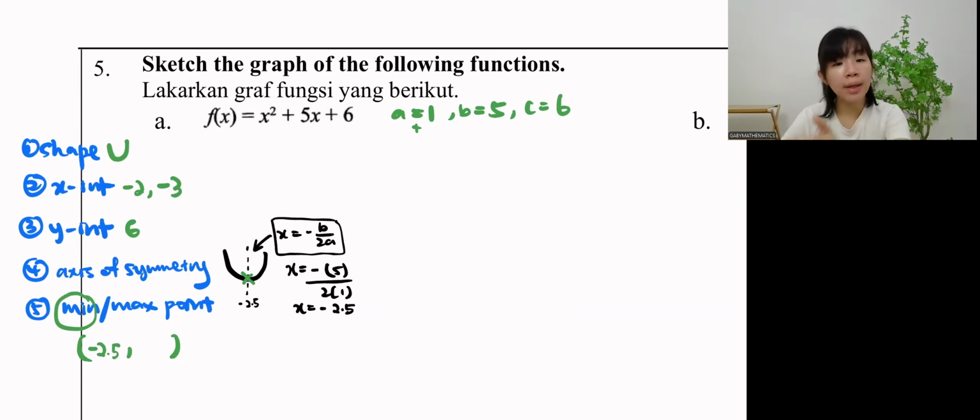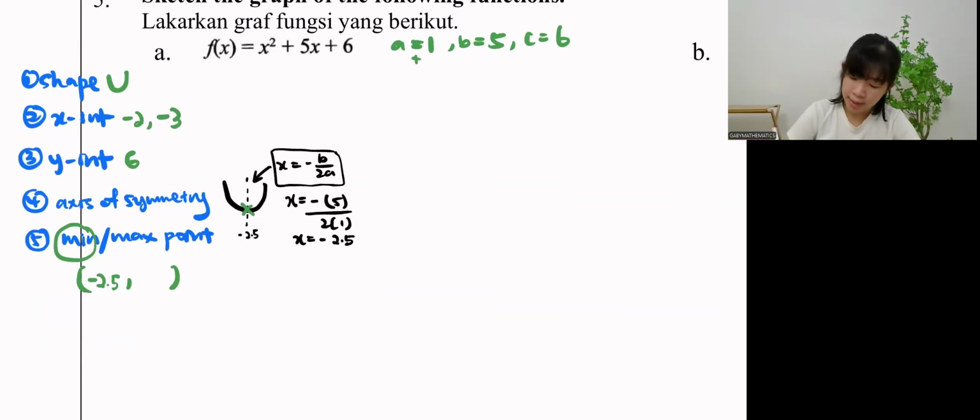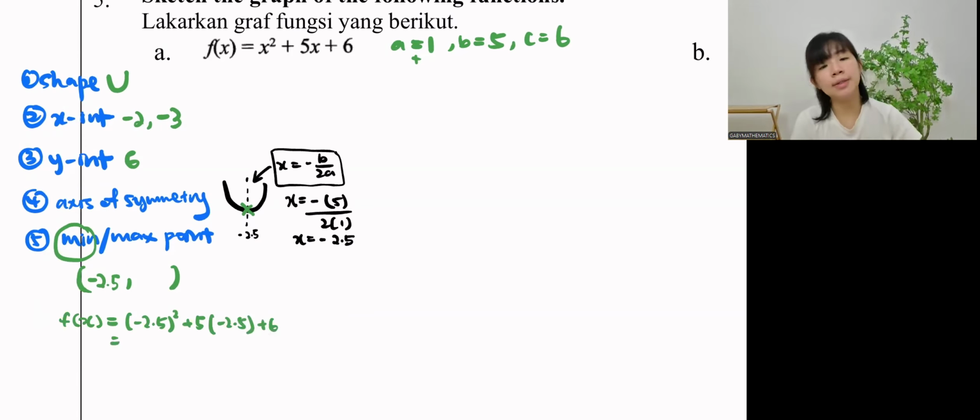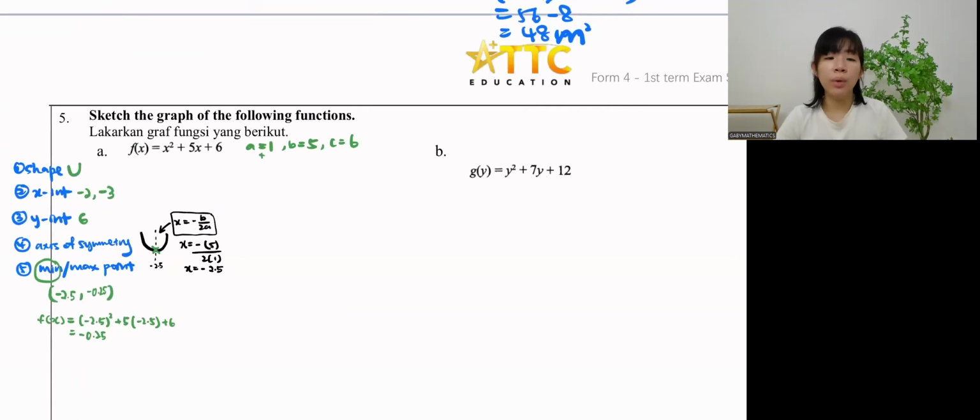If you have x, you have to find y, by substituting into the question. f(x) equals (-2.5) squared plus 5(-2.5) plus 6. What is the final answer? You get -0.25. Now, when we have these 5 things ready, take up a pencil.